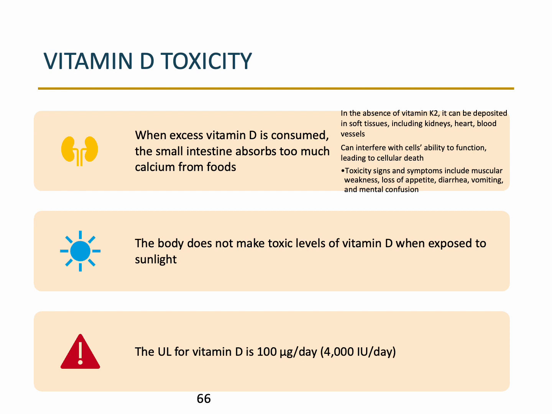And in those cases, you can get too much calcium deposited in soft tissues, for instance kidneys, heart, and blood vessels, and this can really deteriorate the functioning of those vessels and organs, and can be very, very toxic.